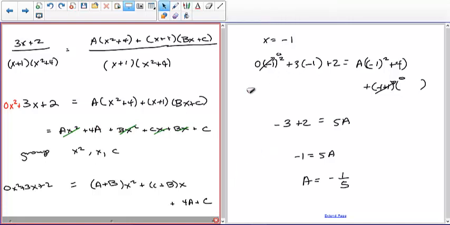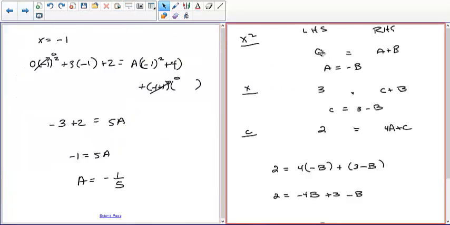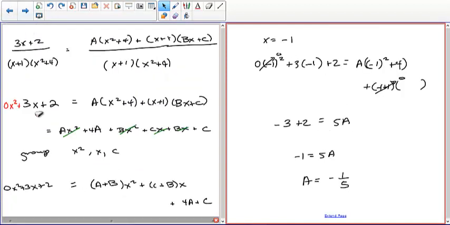So if we now set the coefficients in front of each term on the left-hand side and the right-hand side equal to each other, then we'll end up with 3 equations and 3 unknowns. So on the left-hand side, the coefficient here is 0. On the right-hand side, it's a plus b.